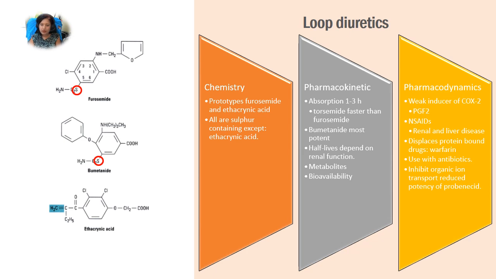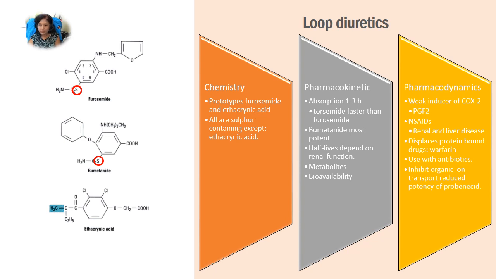Loop diuretics are weak inducers of cyclooxygenase 2 and prostaglandin F2. They inhibit the salt transport at the thick ascending limb, and it affects the renal action of loop diuretics. So NSAIDs also have an effect on loop diuretics. NSAIDs, non-steroidal anti-inflammatory drugs such as indomethacin, inhibit cyclooxygenase activity, and this can interfere with the action of loop diuretics by reducing prostaglandin synthesis in the kidneys.